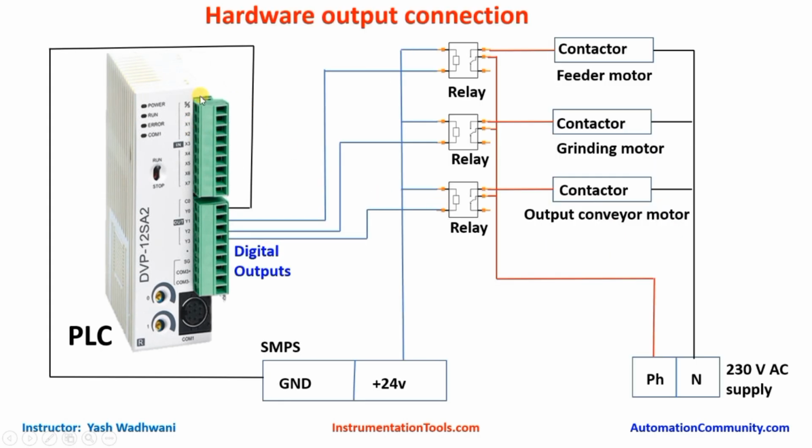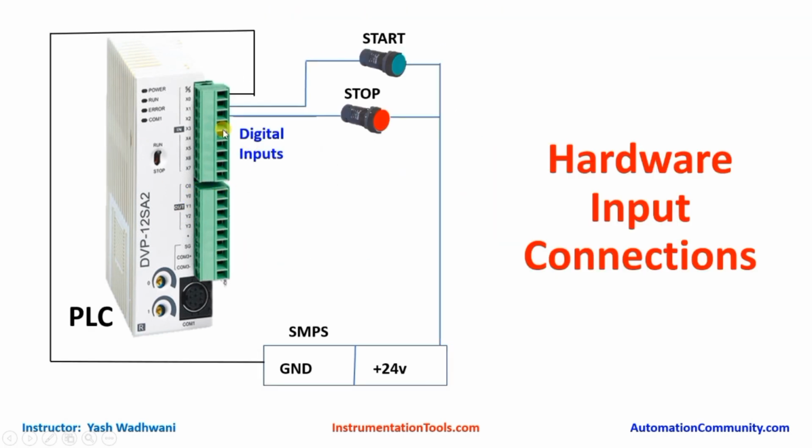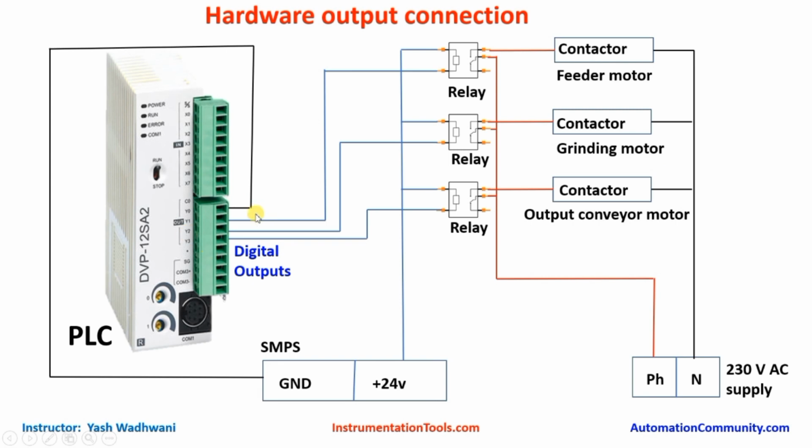Now in the same module, at the digital outputs, we will connect our outputs. This is the same PLC, just for the sake of simplicity I have drawn the outputs on a different page.